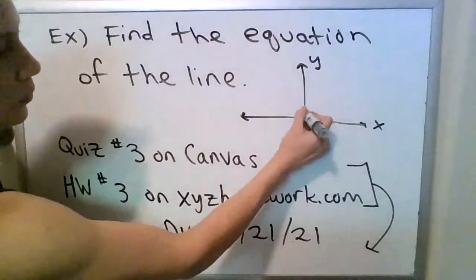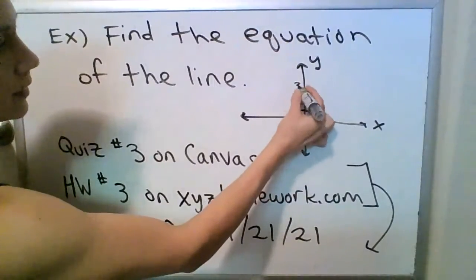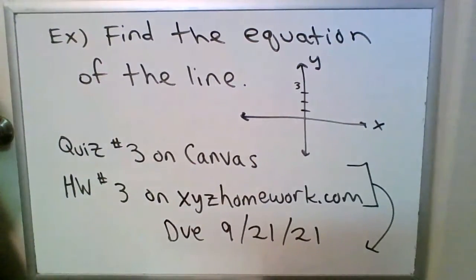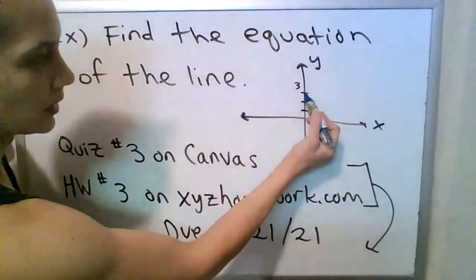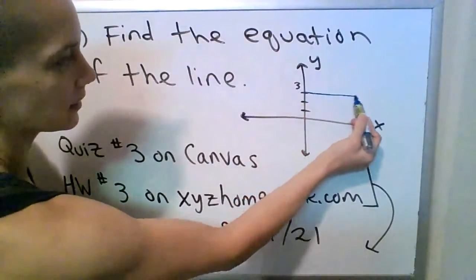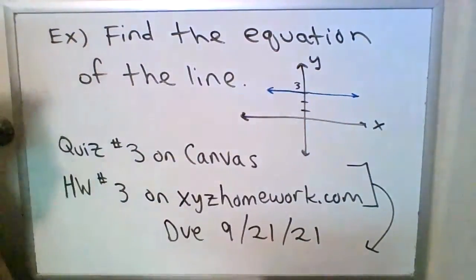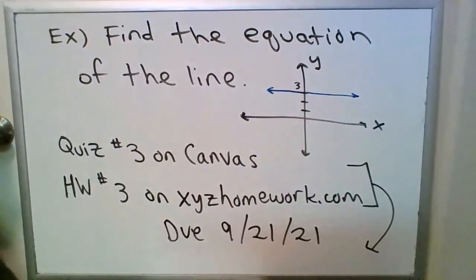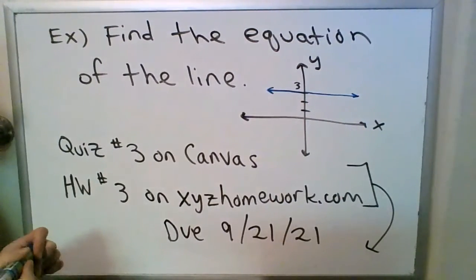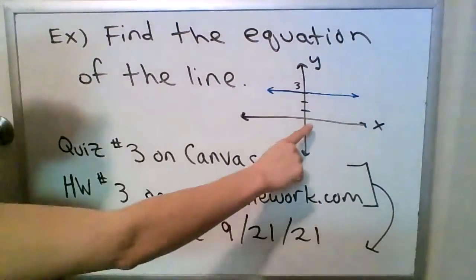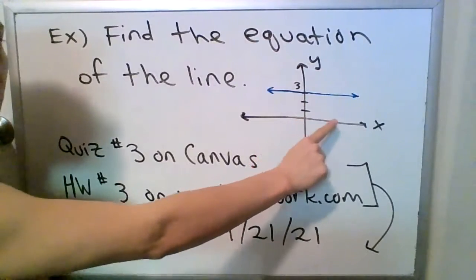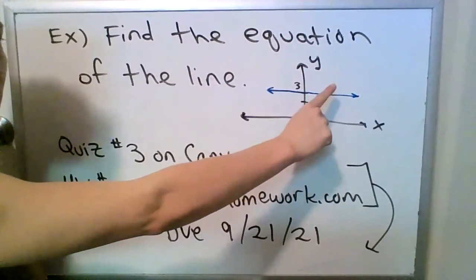I'm going to mark 1, 2, 3. And the line goes through 3 horizontally. So looking at a few points on this line, you can go over some number for x, but y equals 3.